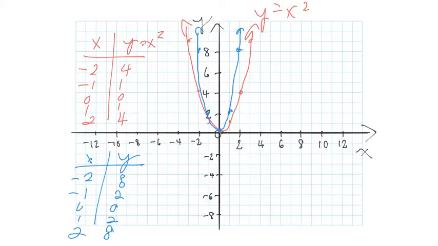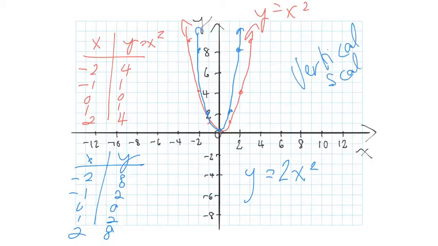And so now the equation is going to be, so the parent is y equals x squared, but since the y values are doubling, we have to multiply the old one by 2. So it's a vertical scaling by a factor of 2.